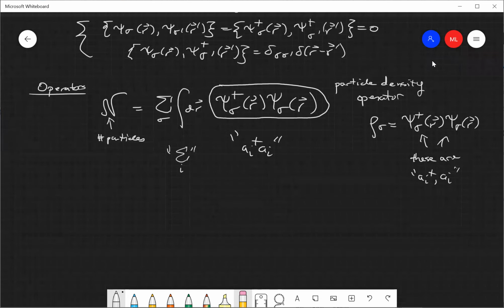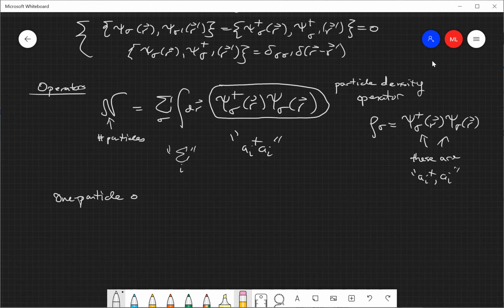Okay, so that's the number of particles, and of course you can have any one body operator that you want, in a similar fashion as we had for the states a_i and a_j and so on.